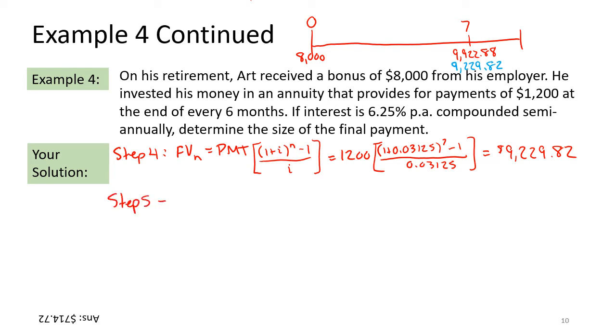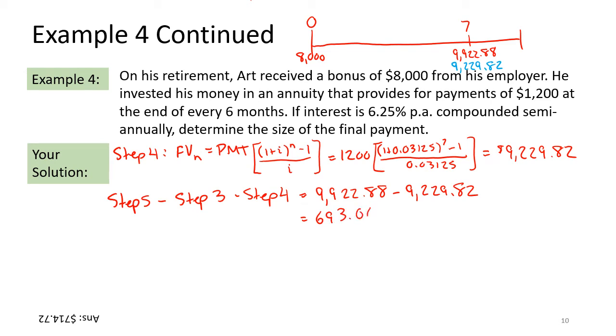So step 5 is the difference: step 3 minus step 4. In this case, $9,922.88, the total amount of principal we had, minus $9,229.82. And if we do that, we get a value of $693.06.